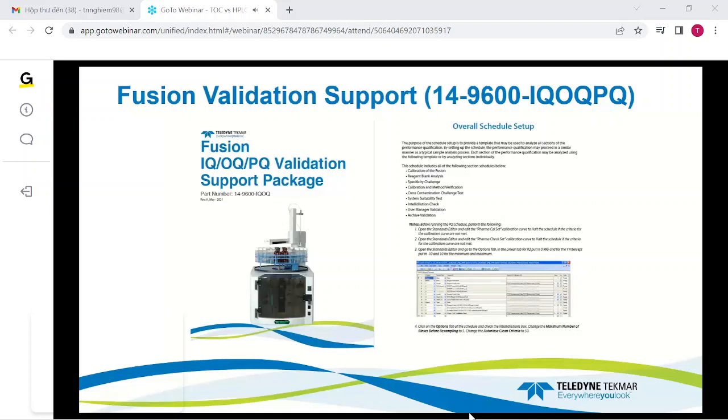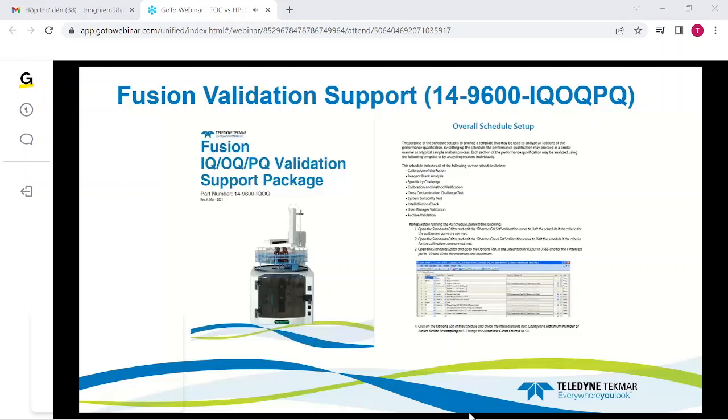Within this IQ, OQ, PQ, we're testing the calibration features, the reagent blank analysis. We're doing specificity challenges. We're looking at calibration and method validation. We're looking at cross-contamination challenges, the famous system suitability with sucrose and 1,4-benzoquinone, and your reagent water, and other items that need to be done for the pharmaceutical environment.